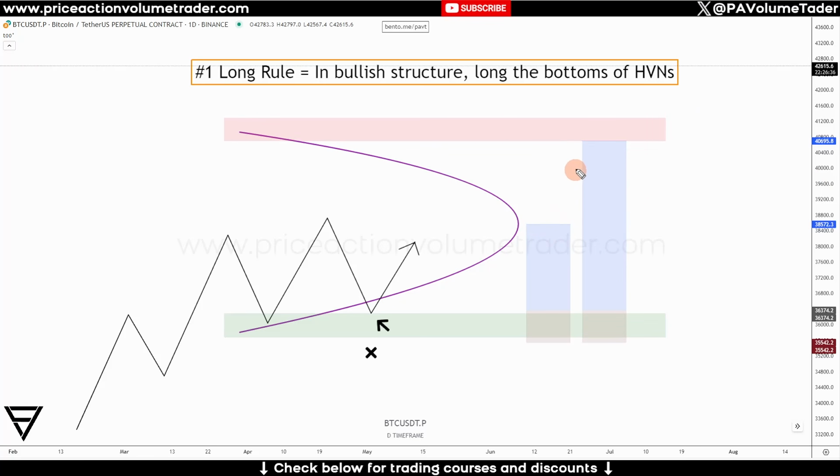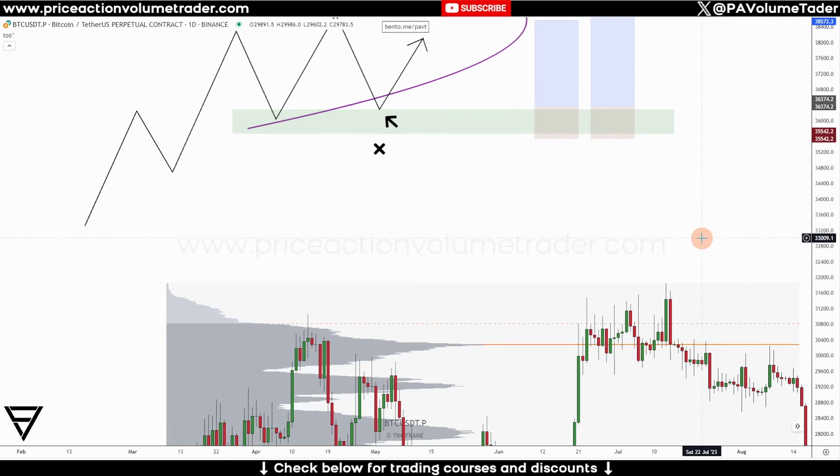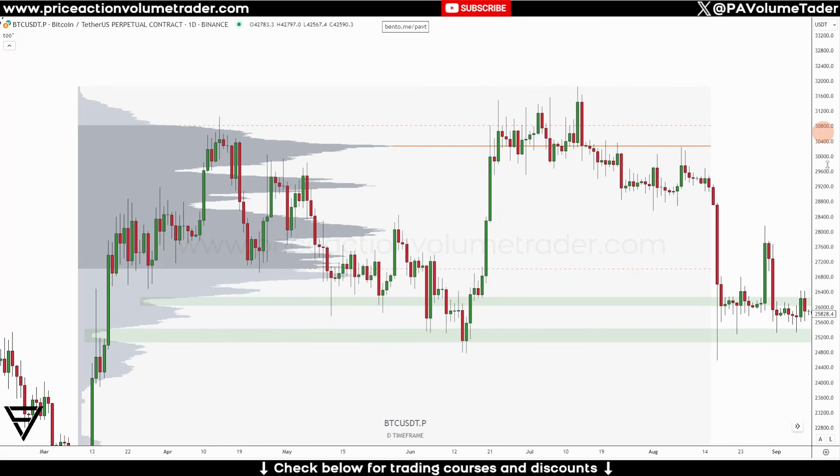So the best strategy is to take profits here, and then if we have another node here and we break above, same thing, rinse and repeat. You just look to get in on a bullish structure at the bottom of the high volume node. So now let's look at two examples of the long strategy.